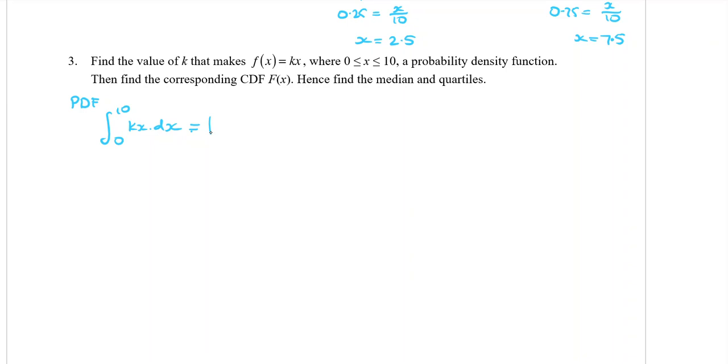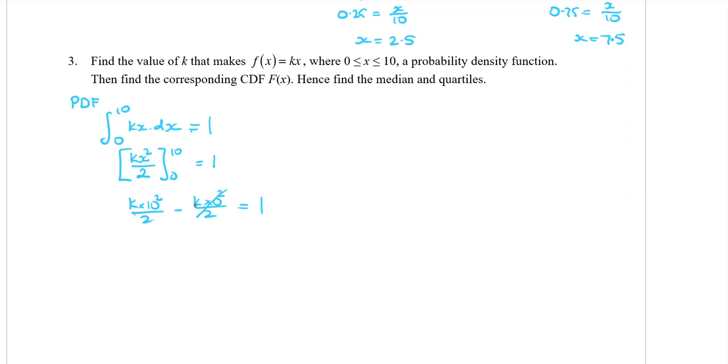Okay, let's integrate to find out what k is equal to. Integrating kx, I will get kx squared over 2 between 0 and 10. That has to be equal to 1 for it to work. Now I'm going to find what k is to make it work. So let's sub in: k times 10 squared over 2 minus k times 0 squared over 2 is equal to 1.